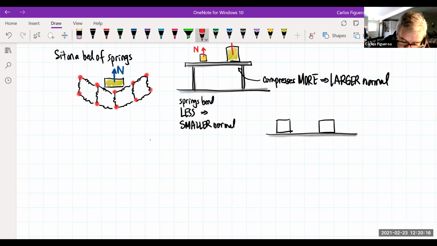These blocks are exactly the same. If this block is just sitting on the table, then the normal force from the table is pushing this block up like this. So this is how hard the table has to push up.